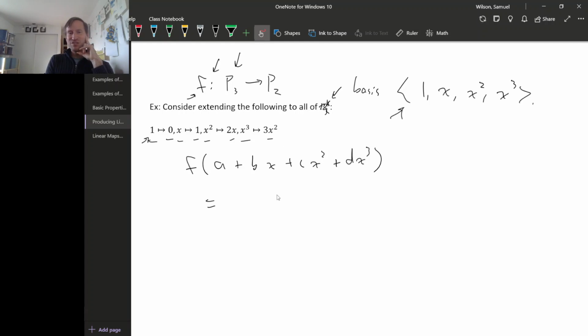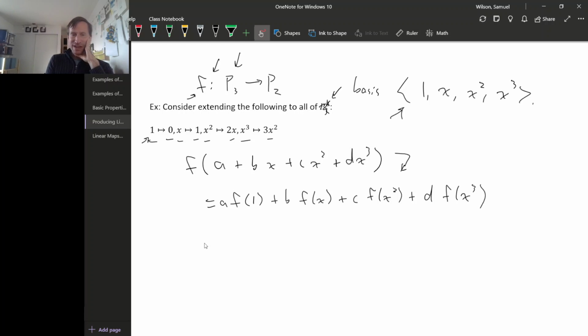And if we force the preservation of structure, then f applied to this whole polynomial gives us a times f of 1 plus b times f of x plus c times f of x squared plus d times f of x cubed. Extending by preservation of structure is how you extend from a basis to a homomorphism on the whole space.